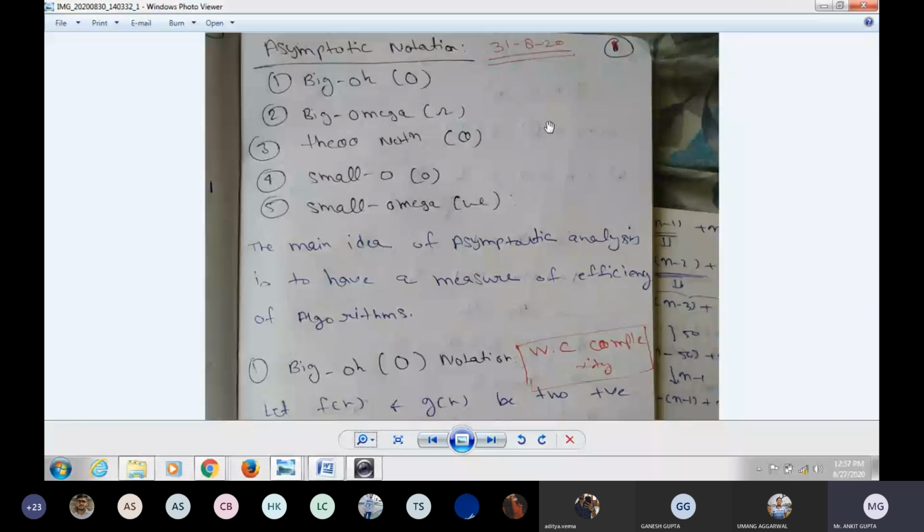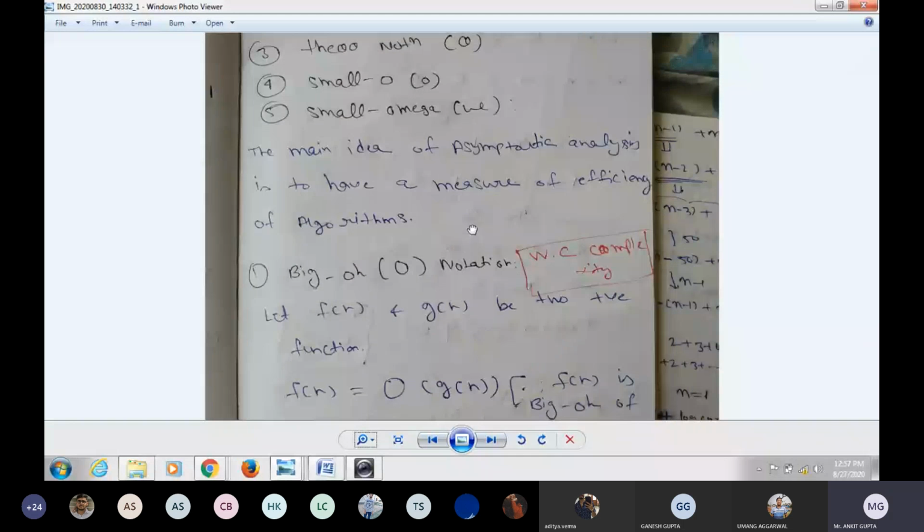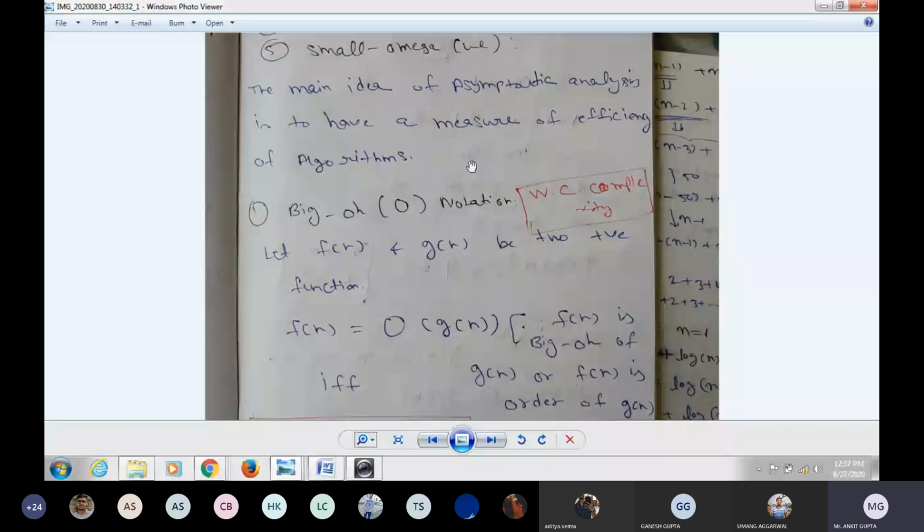So using asymptotic notation, I can find the complexity in all cases. Any doubt here?